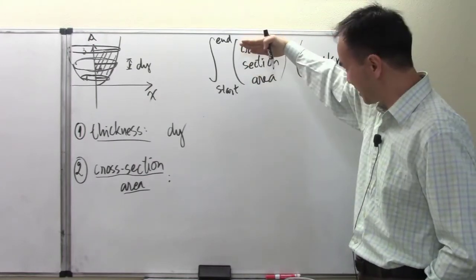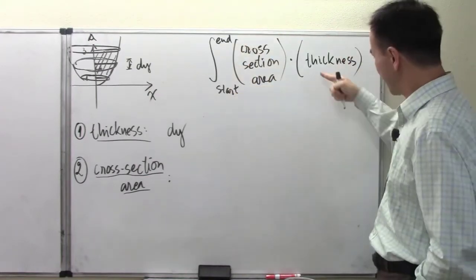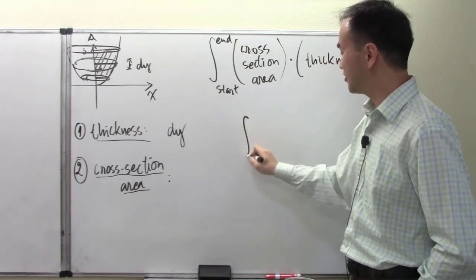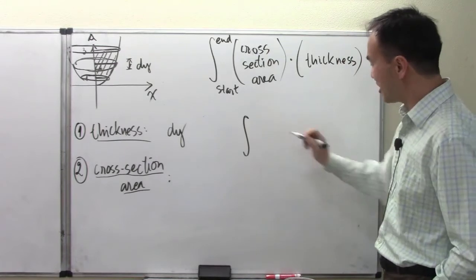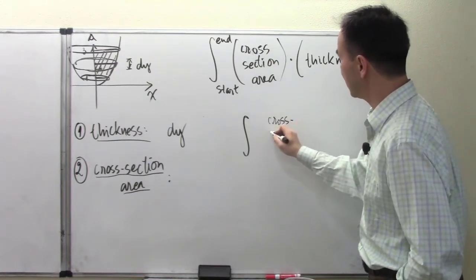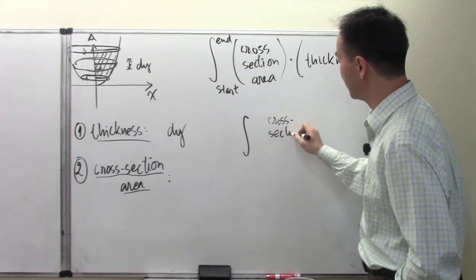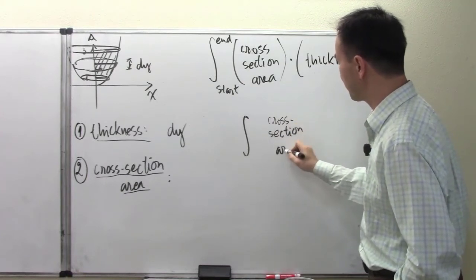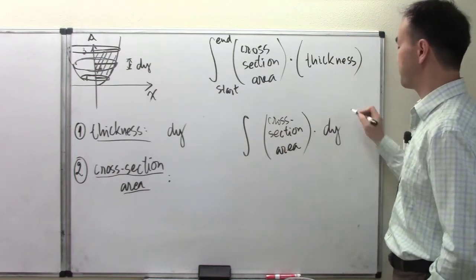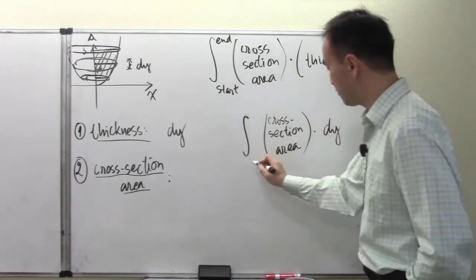Our formula came straight out of the fundamental. Thickness we already found to be dy, so the integral now evolves to become accumulation. We still haven't found the cross section yet, so I'm leaving it here as a general description: cross-section area, multiplied by dy. And we still don't know where the start is.